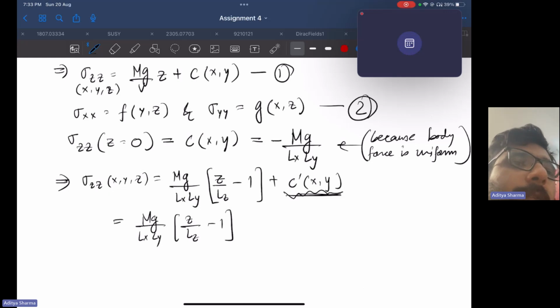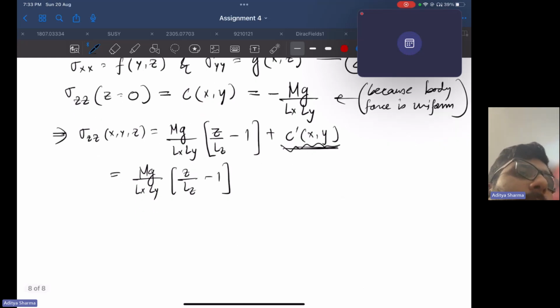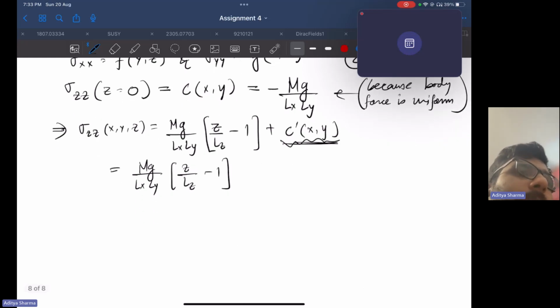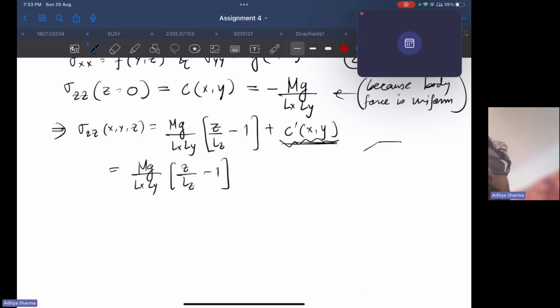So C should be translationally invariant also. The simplest function which satisfies both of these is C prime equal to 0.